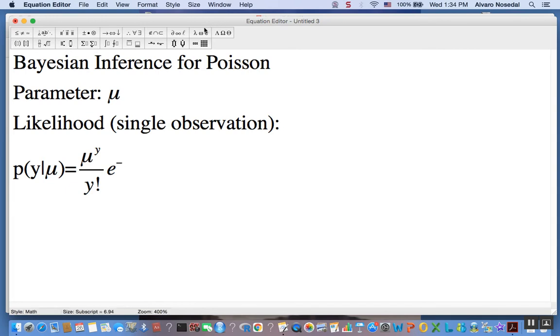Okay, e to the minus mu. And we know that the support is y equals 0, 1, 2, 3, and so on.